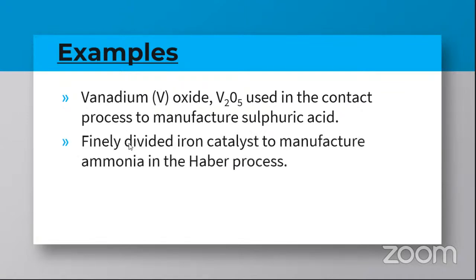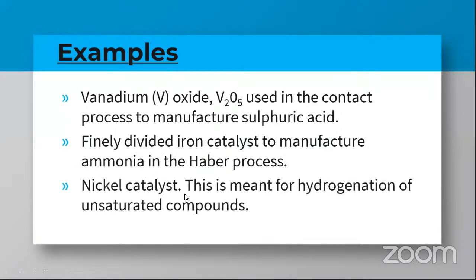We continue. Then we have finely divided iron catalyst in the manufacture of ammonia in the Haber process. So here we are using iron, and we have a reason why it has to be finely divided. Then we have a nickel catalyst, and this is meant for hydrogenation of unsaturated compounds.